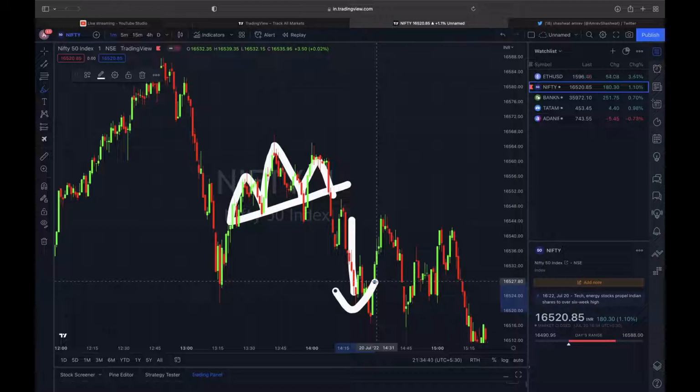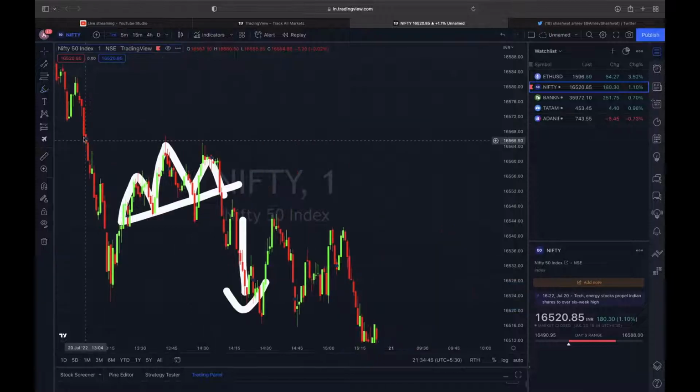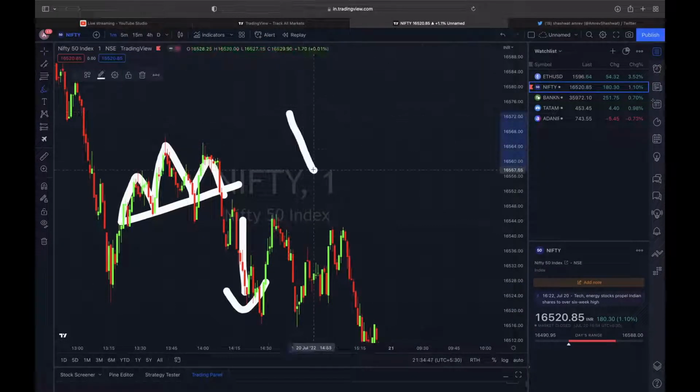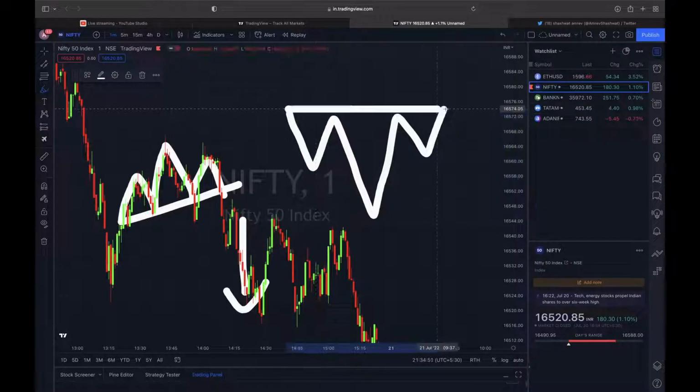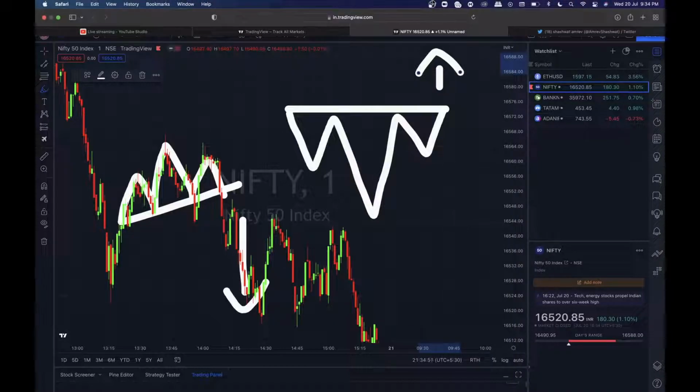This is known as head and shoulder. And then the same inverse head and shoulder: shoulder, head, shoulder, and inverse goes up. So this is known as head and shoulder and inverse head and shoulder.